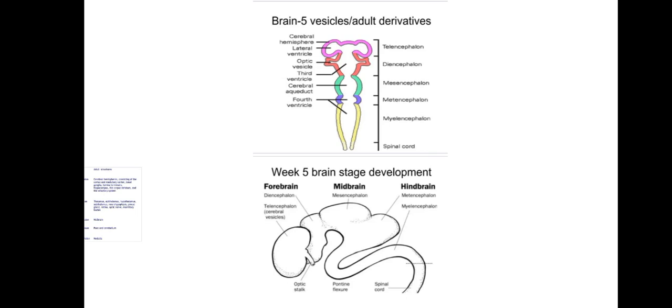The middle one, the mesencephalon, will just be retained as the secondary mesencephalon. And the distal one, the rhomboencephalon, will give rise to 2: the metencephalon and the myelencephalon. And beneath it, we have the spinal cord, and we'll talk about it shortly.